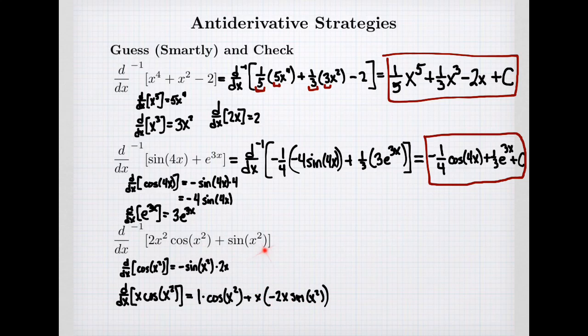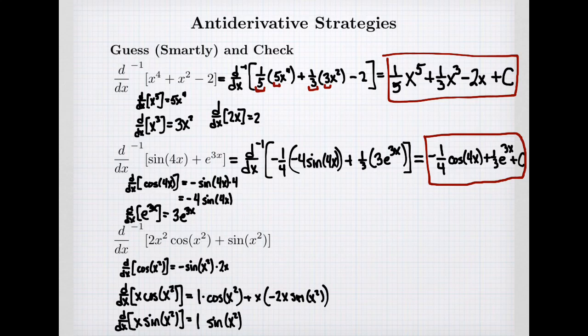Hey, that's really close, except that sine and cosine are backwards. So let's change our order. What if I take the derivative of x times the sine of x squared? Okay, so take the derivative of x first, leave the second alone.